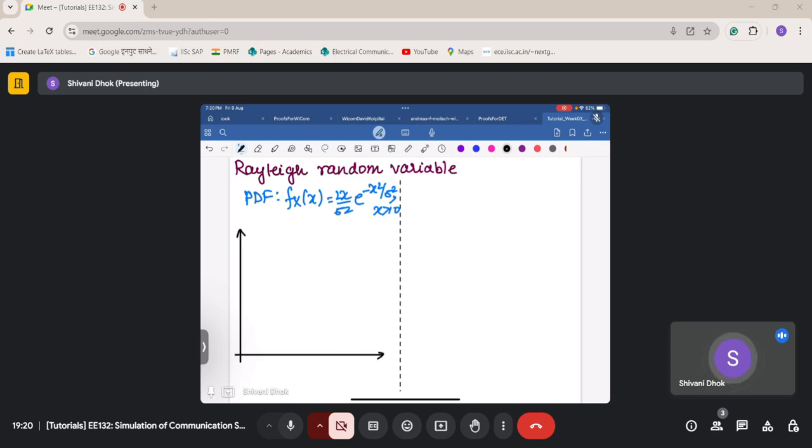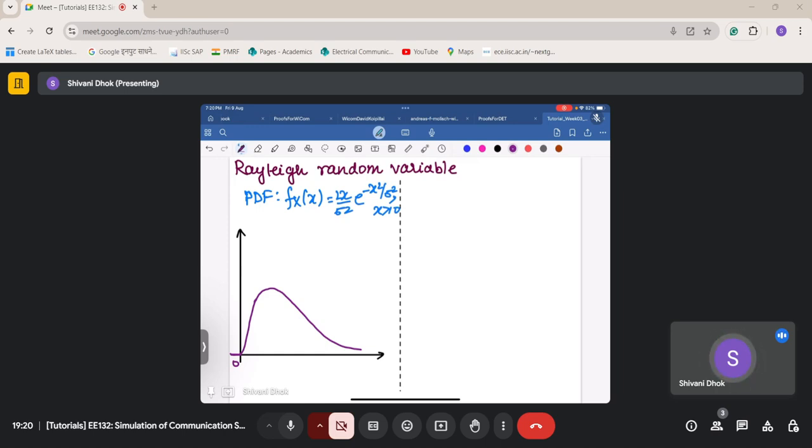It is 0 before 0, and at 0 also it is 0. Then it slowly starts to increase to a certain point where the linear x term dominates for low values of x, and after that the exponential decay starts dominating, which makes it go like this. So this is the PDF for the Rayleigh distribution.